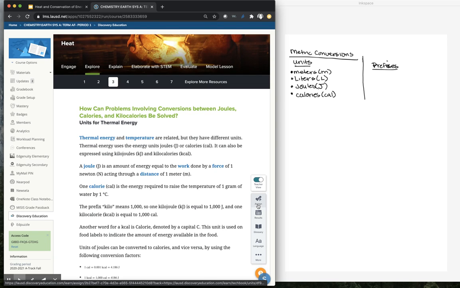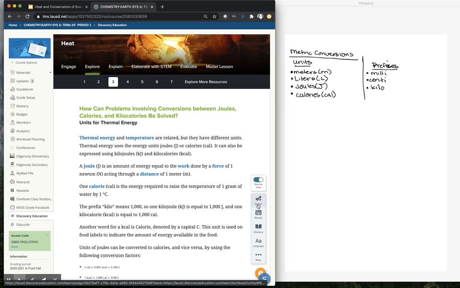Then there's the prefixes. The prefixes come before the unit. So common prefixes that we see are milli, centi, and kilo. These are some of the three most important units that we will see in our chemistry class.